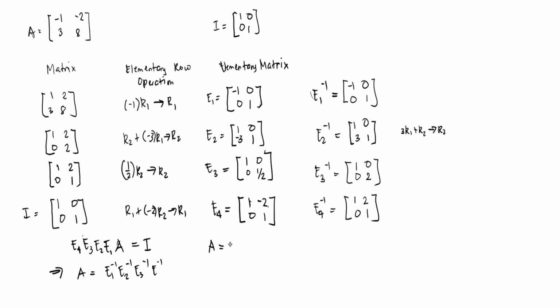So let us see, we multiply the inverses, E sub 1 to E sub 4. So we have -1, 0, 0, 1, 1, 0, 3, 1.